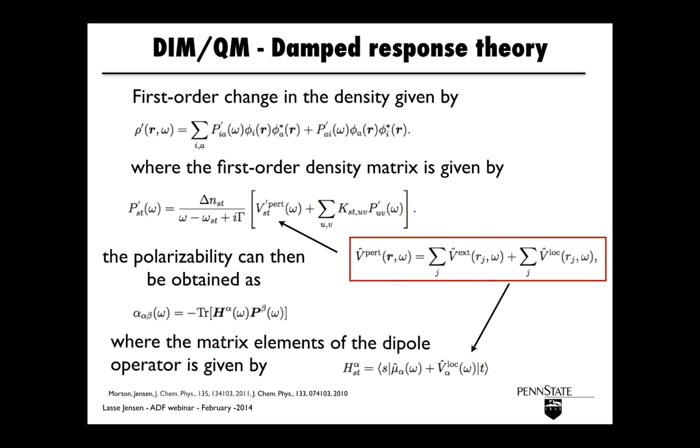In order to actually describe these properties, we have to use damped response theory, which has been implemented into ADF and the AOResponse package. The main difference from regular response theory is that there is this lifetime parameter in here.